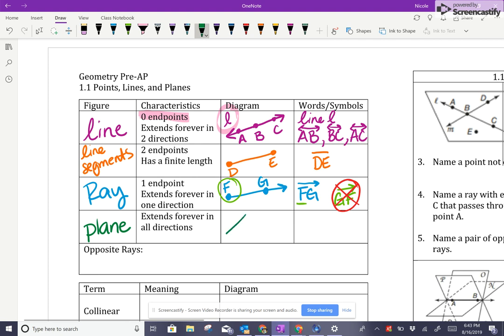But a plane will represent right now as this shape. And think about these sides just continuing on in all directions, moving outward and constantly growing and changing.